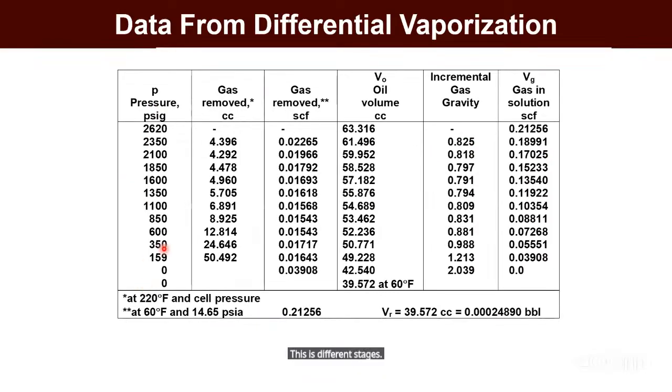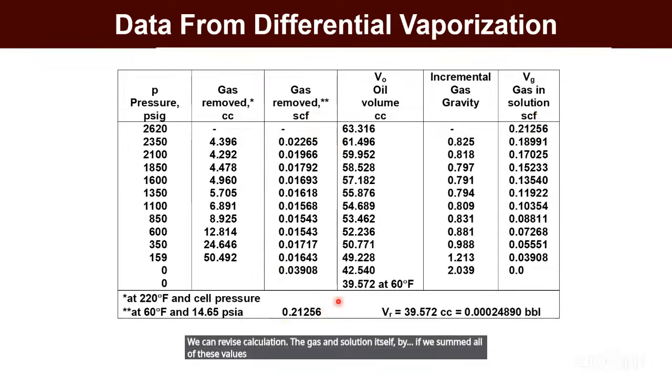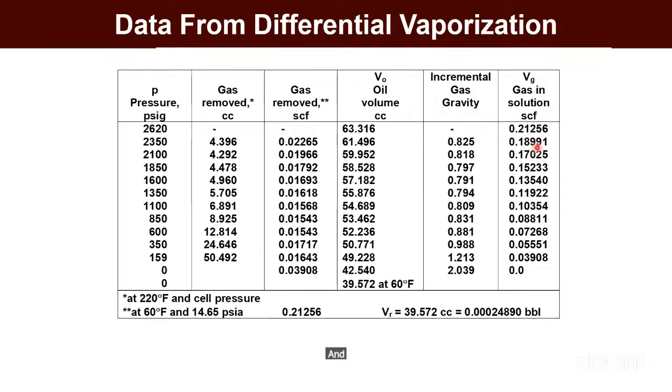After that, we can revise the calculation of the gas in solution itself. If we sum all of these values, you will have this value. If you subtract this one from that, you will get another value. So we'll have the gas in solution initially and the gas in solution at each stage.